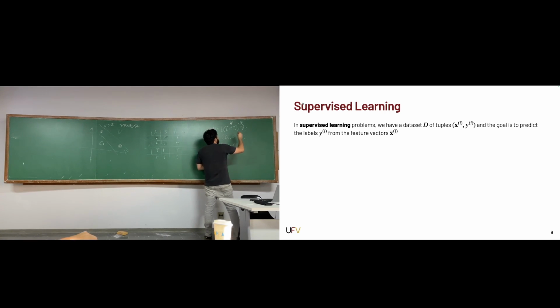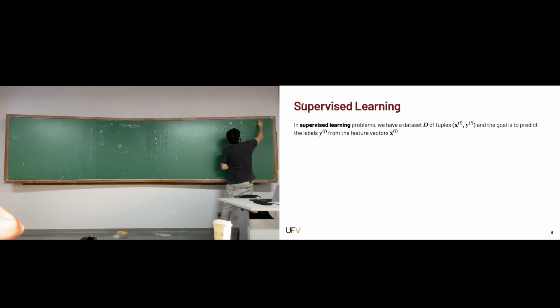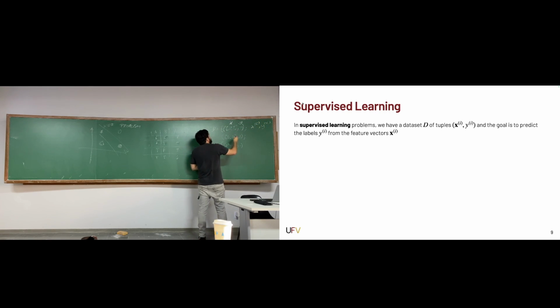And so the i that you see on the x and y refers to the index of this example in the data set. For example, this first element here has i equals 0, this one has i equals 1, and so on and so forth.